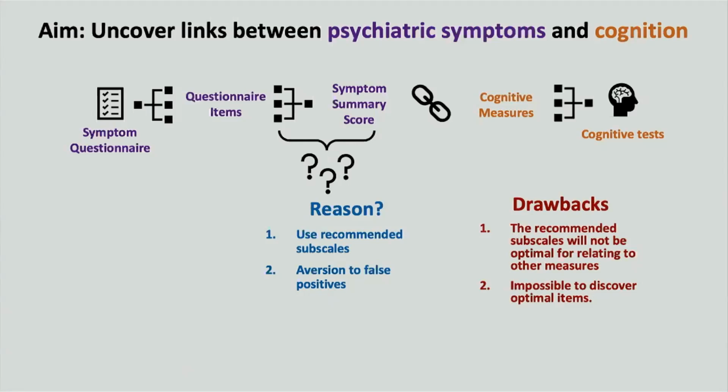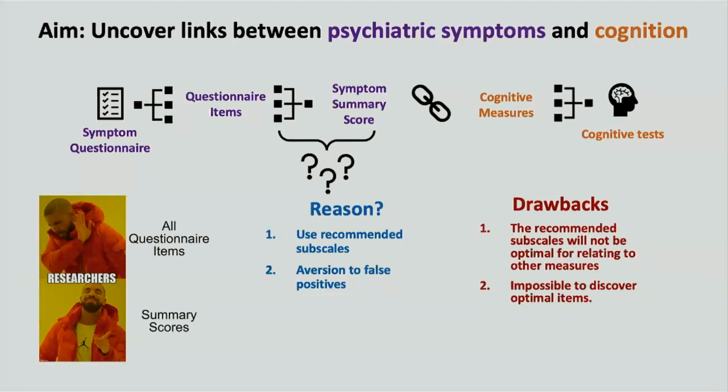If you are trying to link symptom questionnaires onto cognitive measures, there won't be any set of recommended subscales which will match all sorts of measures. For each different set of measures that you're trying to link, there would be a different set of optimal scales which would match them. So that's basically what the researchers are doing.